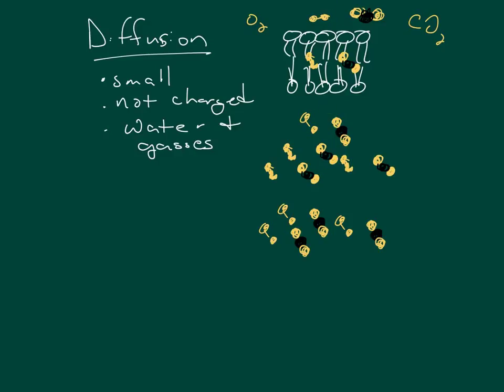But the cell needs water to pass through so much that, sorry to go real quick, water passes in and out. It needs it so much that the cell actually does a facilitated diffusion for water as well. So it has its protein, it has its opening that's going to be hydrophilic, so water can come in and out without too much trouble.